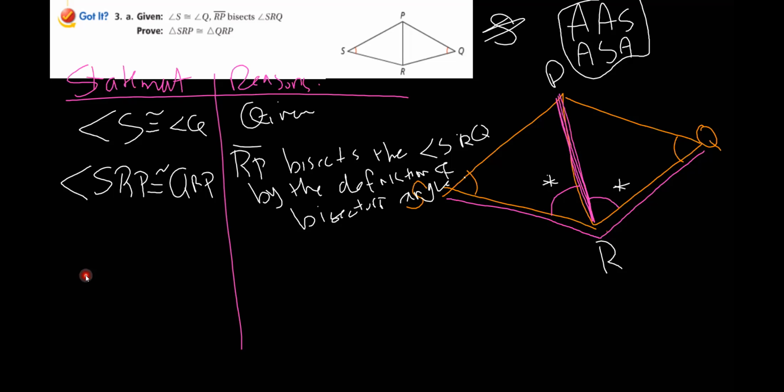But teacher, I know that the definition of bisecting will give you two halves. No, not if they are perpendicular. Okay. So PR is congruent with PR. Why?